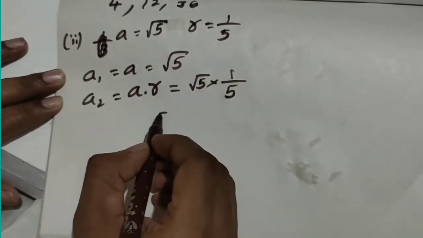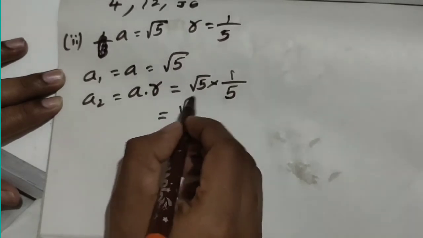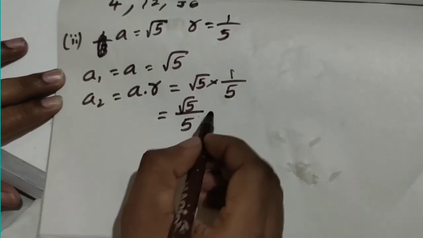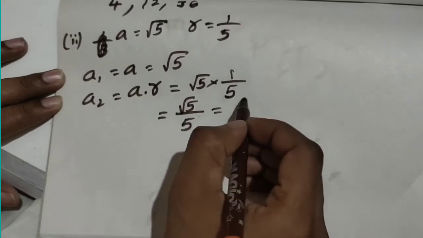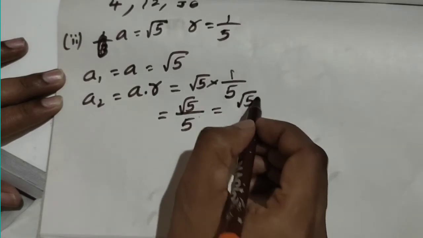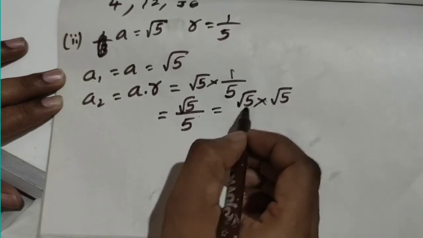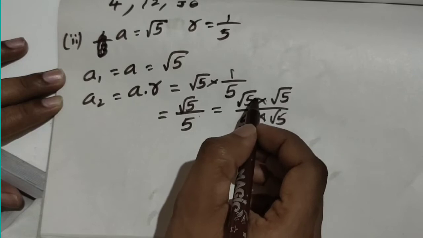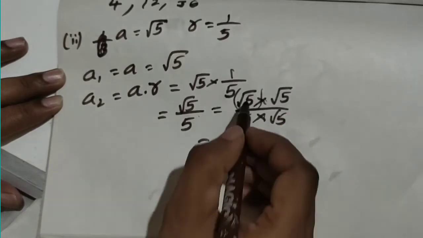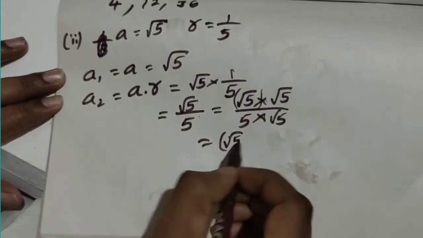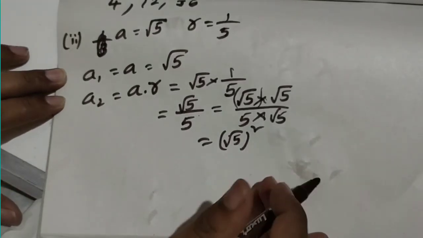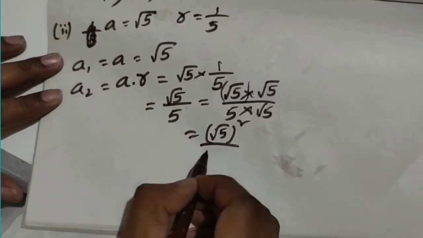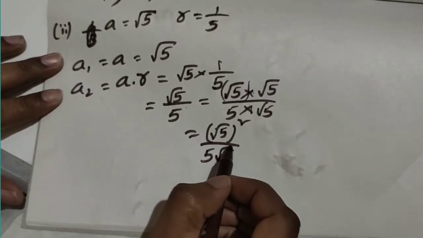Okay. Now simply we got root 5 by 5. So this root 5 can be rationalized. So that's why simply multiply with root 5 and divide by root 5. So rationalizing root 5 here. Okay. So root 5 into root 5 we get simply root 5 whole square. Then next, divided by 5 with 5.